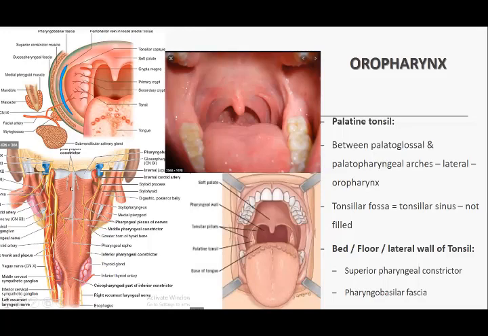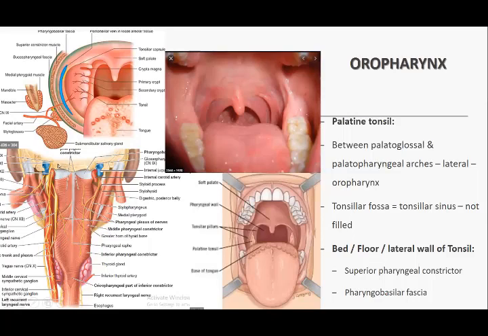The constrictors of the two sides meet in the midline to form the pharyngeal raphe. A raphe is a midline structure where the muscle fibers of two sides interdigitate. So you have the superior constrictor, the middle constrictor, and the inferior constrictor.